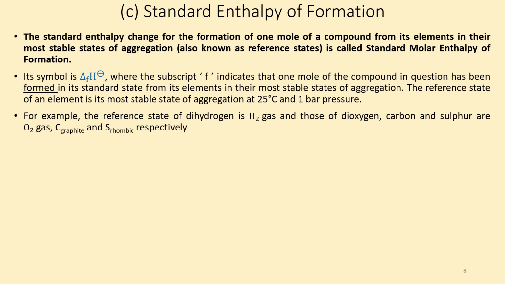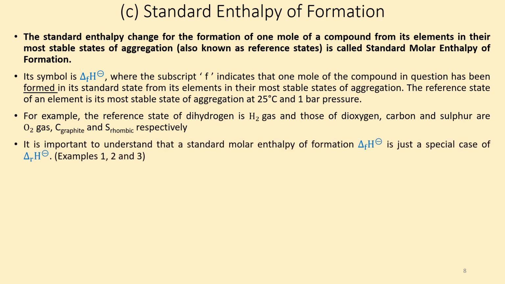For example, the reference state of dihydrogen is H2 gas, and those of dioxygen, carbon and sulfur are O2 gas, graphite and sulfur in rhombic state respectively. It is important to understand that a standard molar enthalpy of formation delta f H naught is just a special case of delta r H naught.